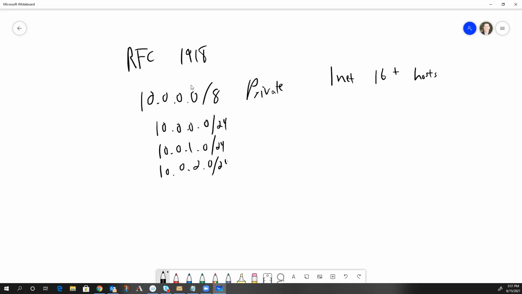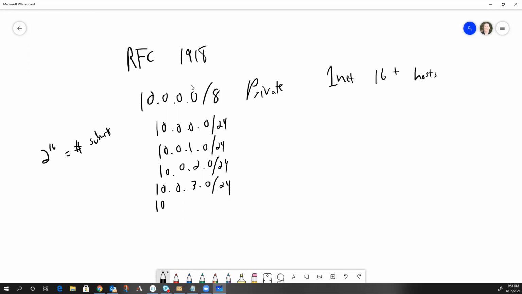All the way down to, and by the way, it will go on until you have 2 to the 16th networks. But now notice what I did was I took this huge network, one network of 16 million hosts, and I borrowed 16 bits. So 2 to the 16th equals the number of subnets, which is 65,536 networks.